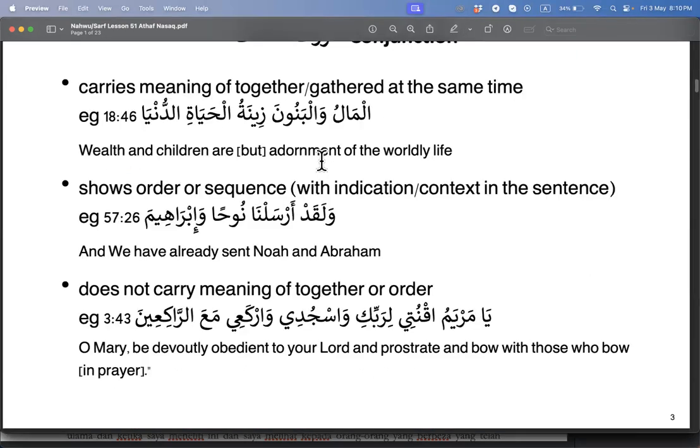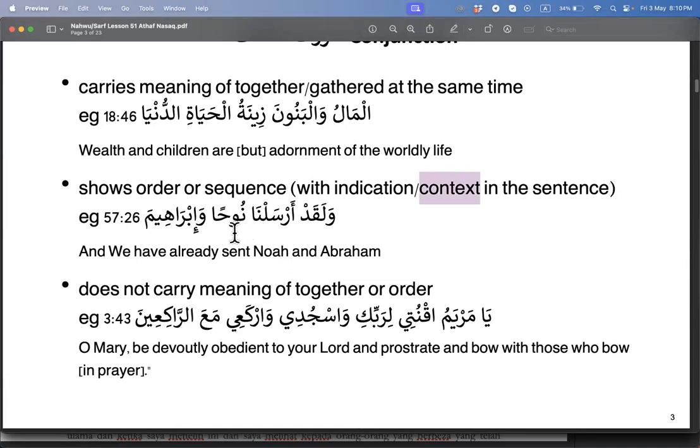Secondly, wow can show order or sequence, with indication or context in the sentence. Here we have walaqad arsalna. What kind of word is arsalna? Fi'il madi. Yes, who's our fa'il? Nahnu.